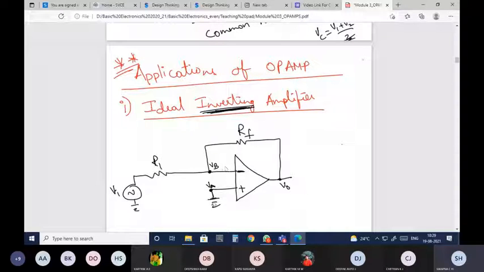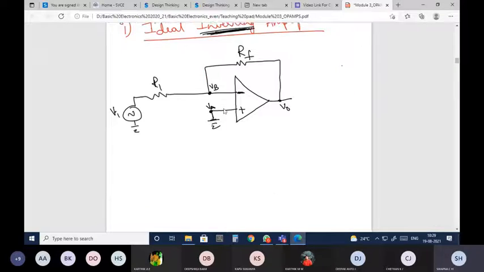So can anybody tell me what I can derive from this virtual ground concept? According to the virtual ground concept, what will be the VA and VB voltages? What is the VA voltage? Somebody quickly answer me. What will be the voltage here? It is grounded.